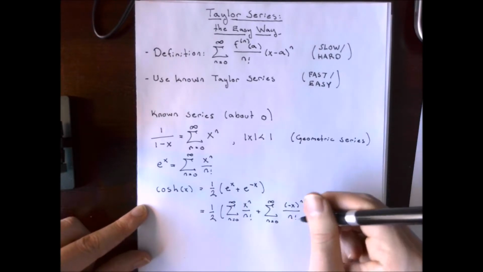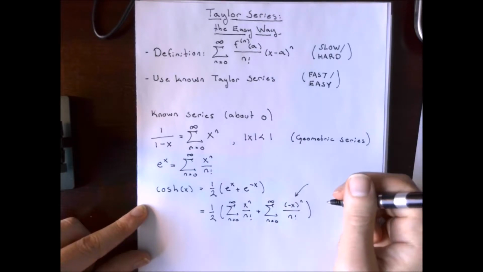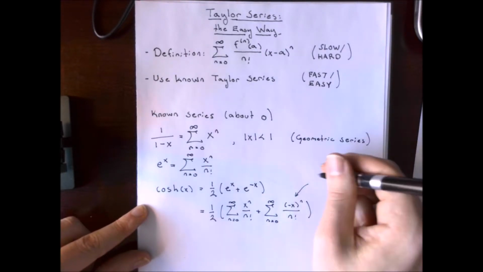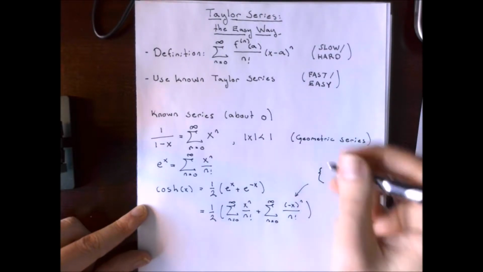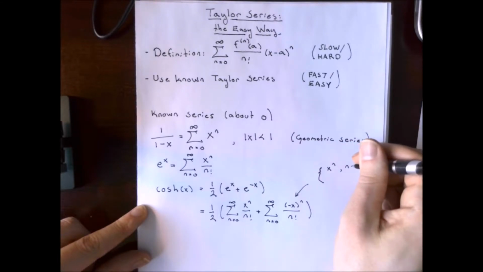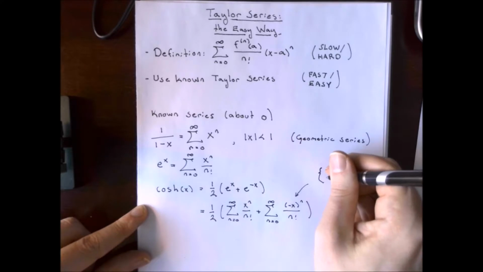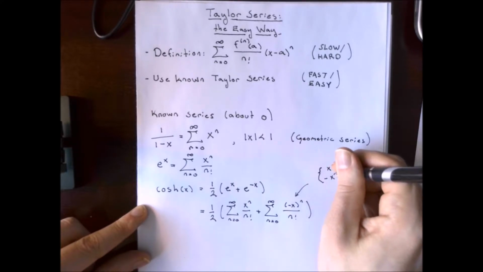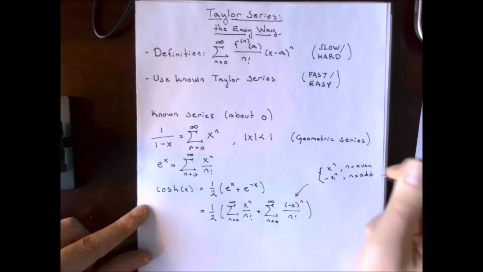As we see here, we have minus x to the n, and minus x to the n is x to the n when n is even, and minus x to the n when n is odd.